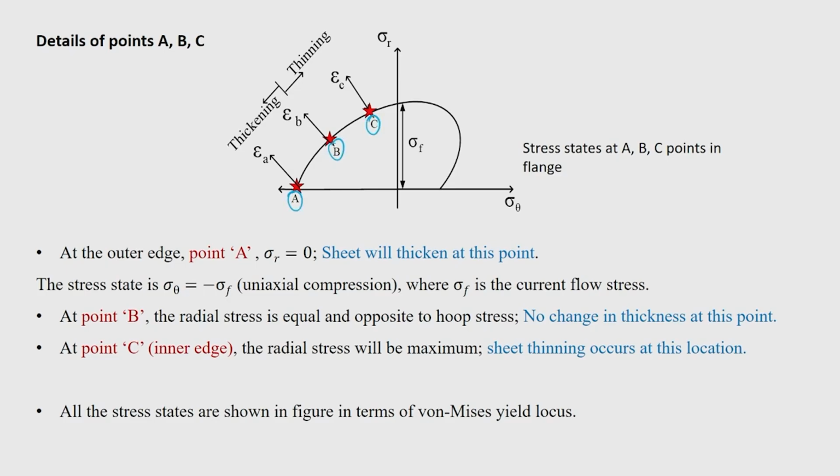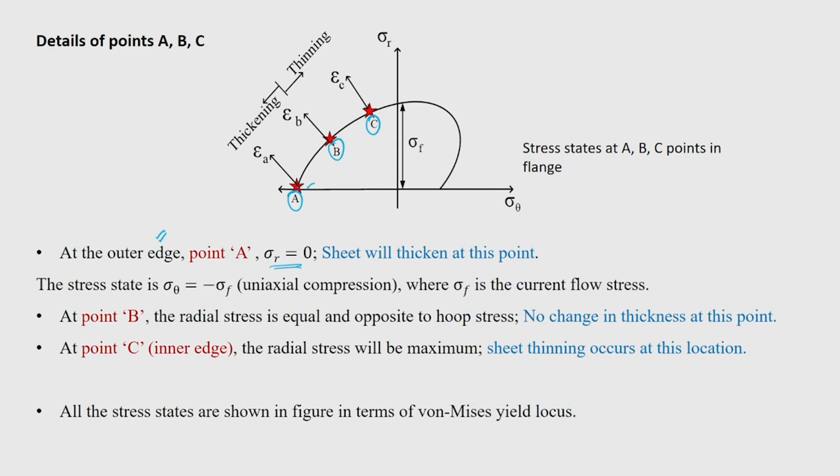Point A is at the outermost edge of the flange, where sigma r is equal to 0. Only sigma theta would be there; the radial stress will end there. It will not be there at all, it is going to be 0. So sigma r 0 means it will fall on the x axis, in the second quadrant. This point A coincides with the x axis.